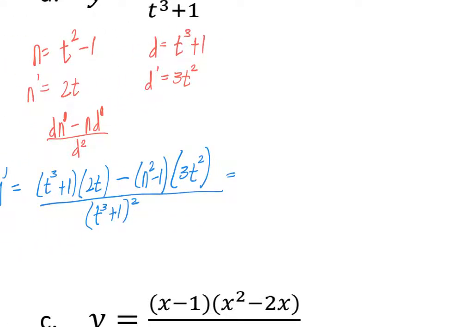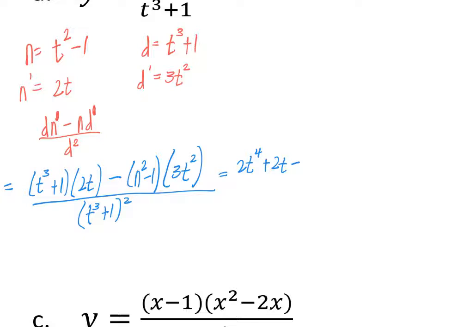2t times t cubed is 2t to the 4th. 2t times 1 is 2t. I'm going to distribute the 3t squared to the binomial in front of it, but at the same time I distribute the 3, I'm also going to distribute a negative 1. So that's going to be negative 3t to the 4th. And then it's a negative and a negative, so a positive 3t squared, all over t cubed plus 1 squared.